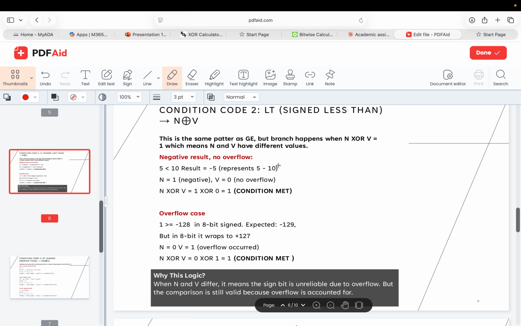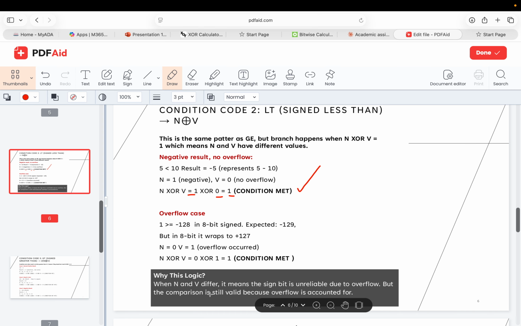The N flag is set to 1 because the subtraction gives us a negative number, and V is 0 because there is no overflow. 1 XOR 0 is 1 and the condition is met. Let's see the overflow case.